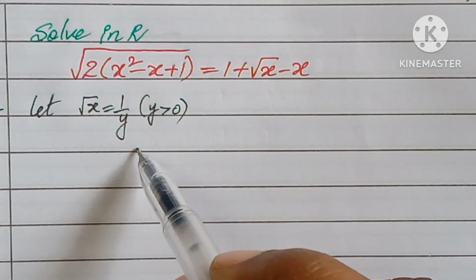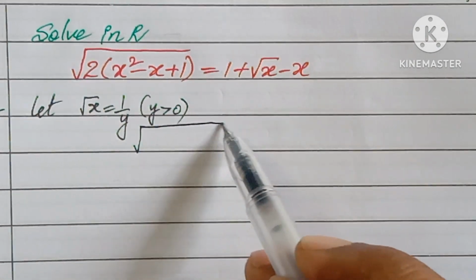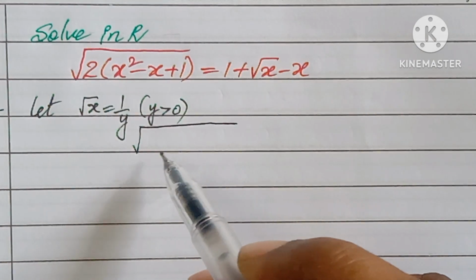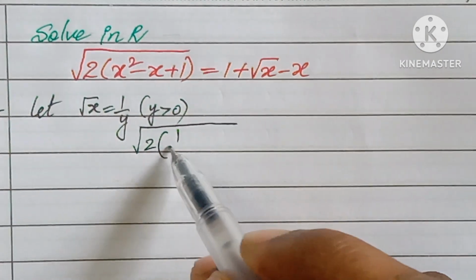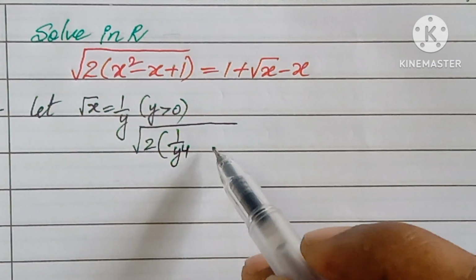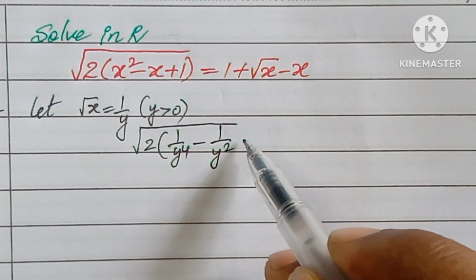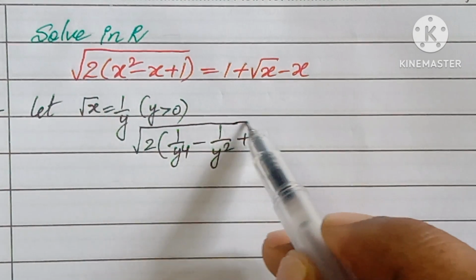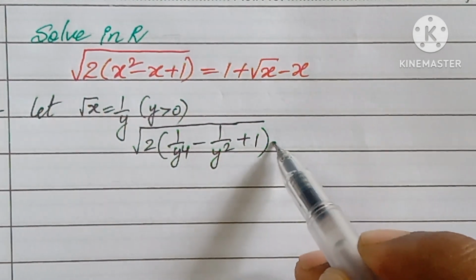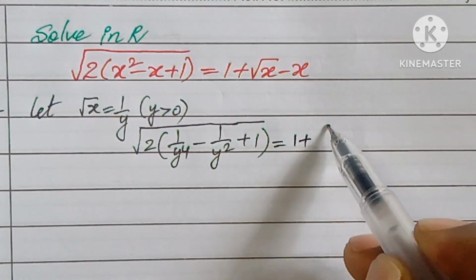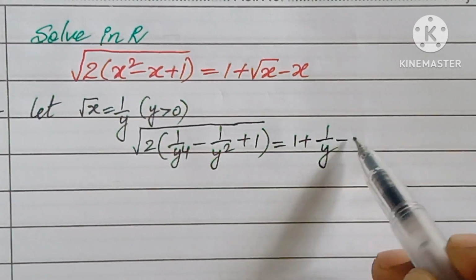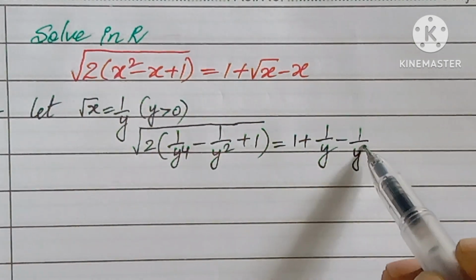Now the equation will change to root of 2 into 1 by y to the power of 4 minus 1 by y square plus 1 is equal to 1 plus 1 by y minus 1 by y square.